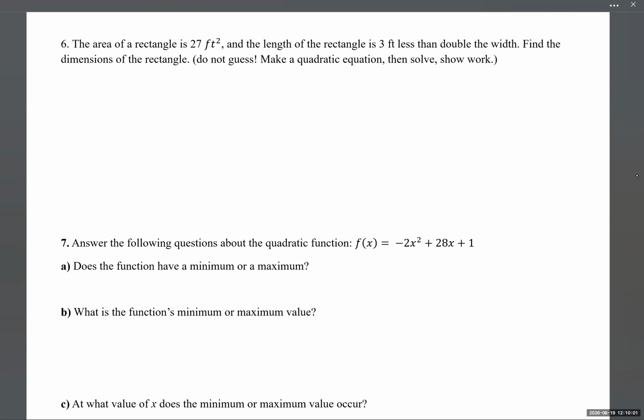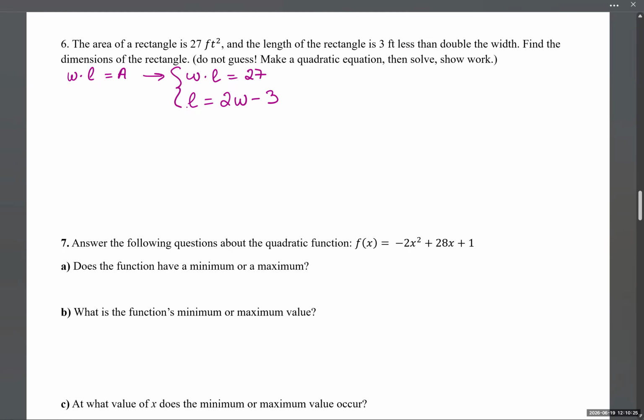So we'll start with the area. W times L, so width times length, is your area formula. Plugging in the actual values, W times L equals 27. Now we also know that the length is 3 feet less than double the width, so L equals 2W minus 3.